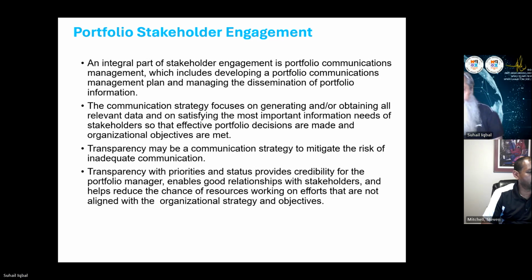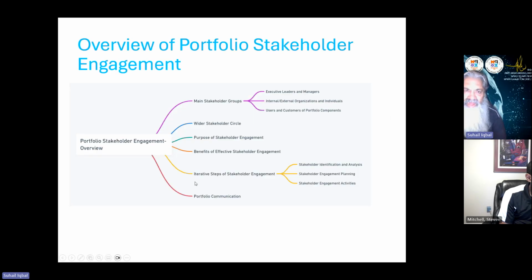So we'll keep abreast with all our stakeholders through consistent communication and a transparent kind of relationship, and we'll keep ensuring that we always remain aligned with our organization strategy and objectives. So this is what the portfolio overview of this stakeholder engagement is.